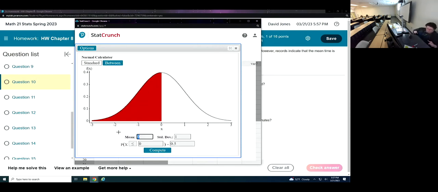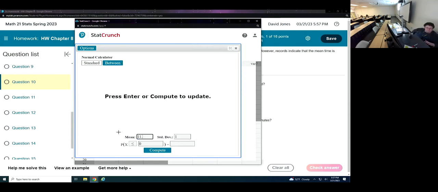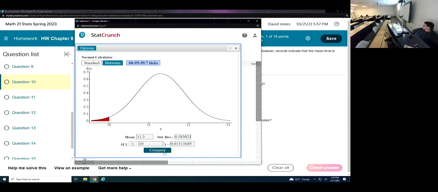I had 11.3 for my mean, and I'm gonna put the whole standard deviation I had in my calculator. And I wanted X is less than 10. If I click compute, I get this number right here.